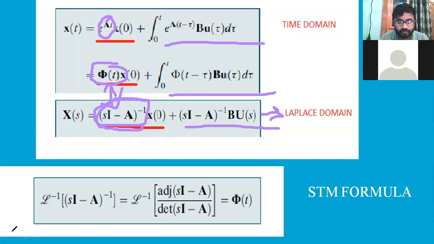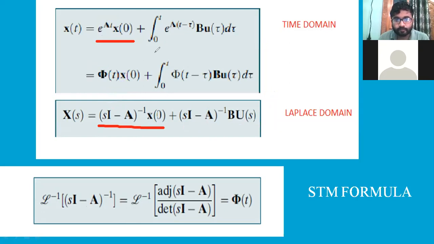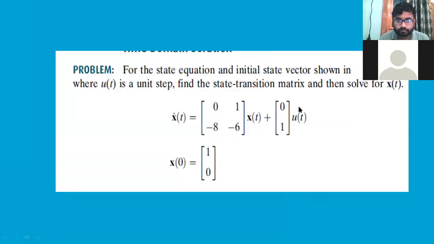So phi of t, our state transition matrix formula, is the Laplace inverse of (SI minus A) whole inverse. Now there is one more problem I am considering for obtaining the state transition matrix through the Laplace domain.